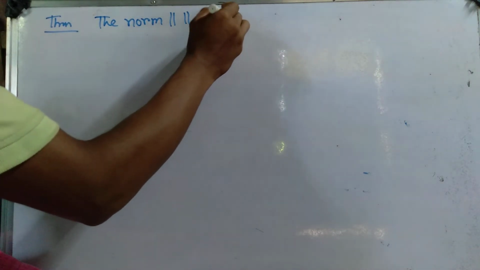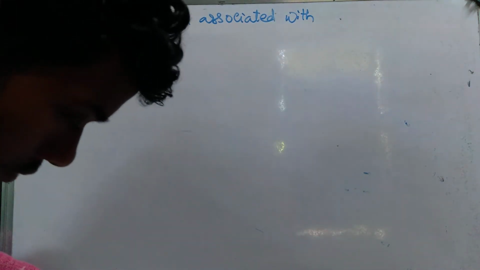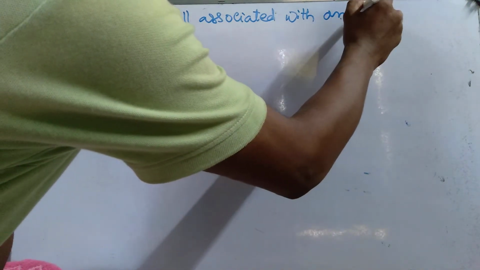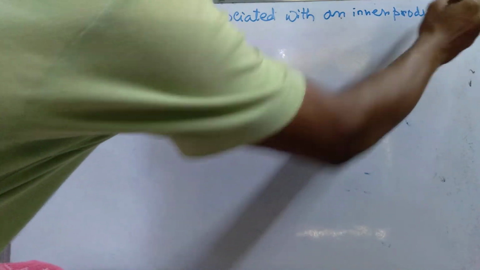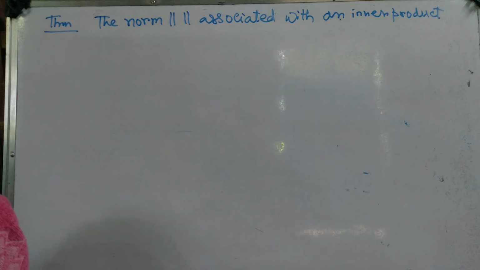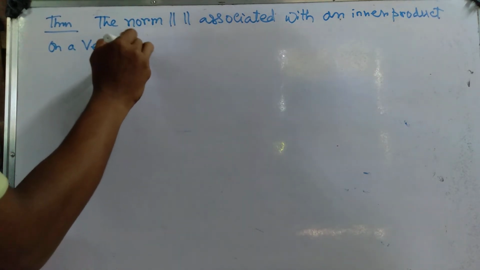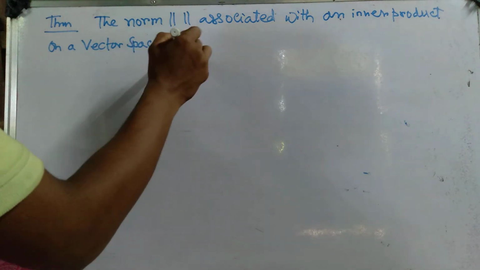The norm associated with an inner product on a vector space V satisfies the following.